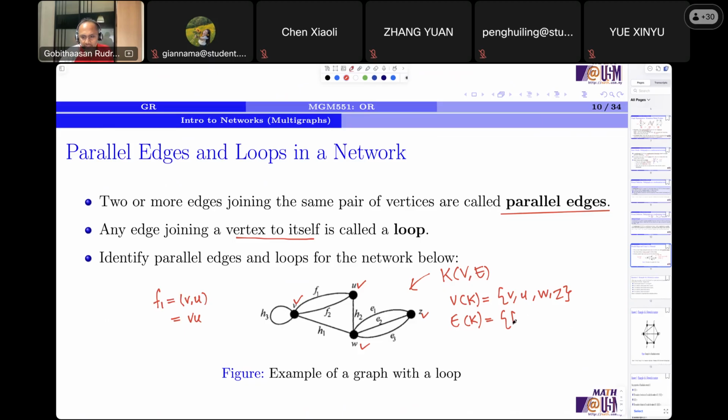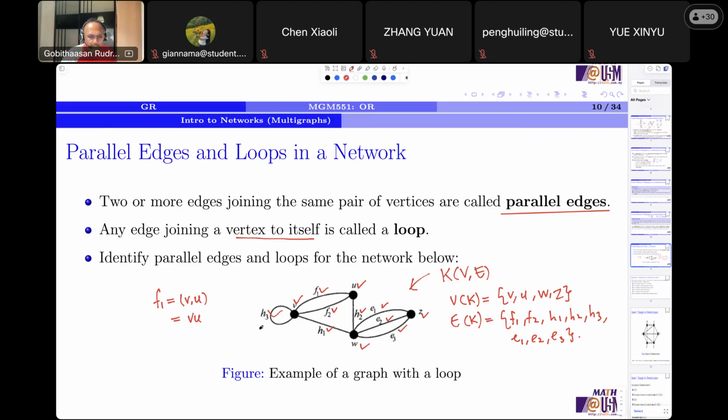Rather, I'll just write as they have named it: F1, F2, H1, H2, H3, E1, E2, and E3. So this is the edge set, this is the vertex set. So we have it in complete form now. So this is the network.